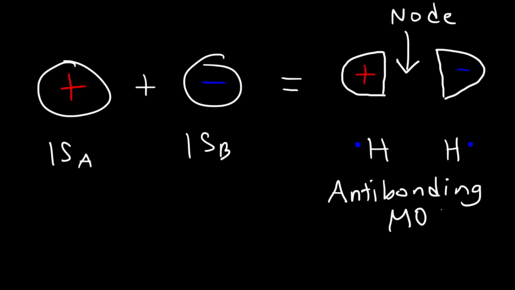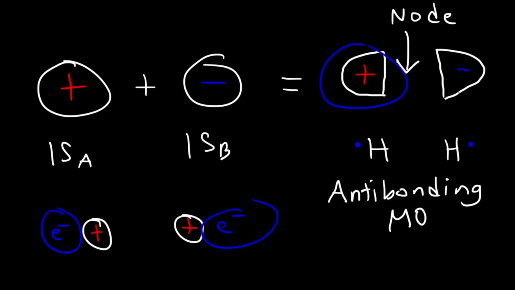This type of orbital does not favor the formation of an H2 molecule. So let's draw the charges. Let's say this is the positive charge of the nucleus of the two hydrogen atoms. This time the electrons are more likely to be found outside of the region between the nuclei. So you would probably find it on the left side or on the right side.